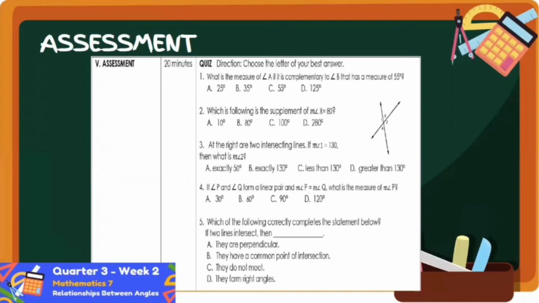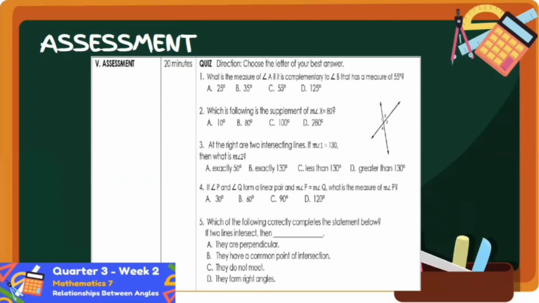At the right are two intersecting lines. If the measure of angle 1 is equal to 130 degrees, then what is the measure of angle 2? Letter A, exactly 50 degrees, B, exactly 130 degrees, C, less than 130 degrees, or D, greater than 130 degrees.